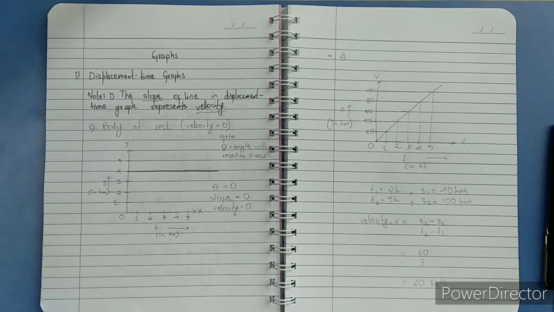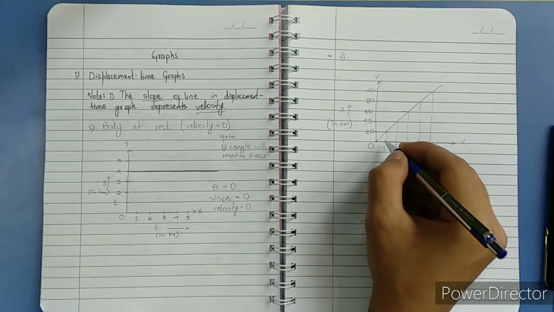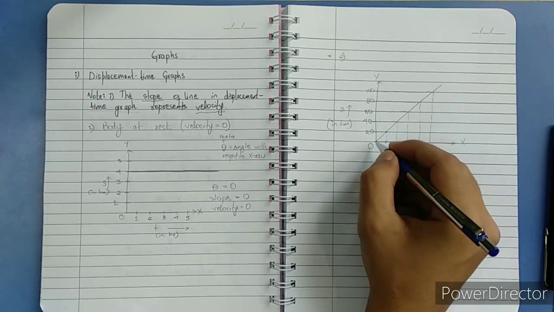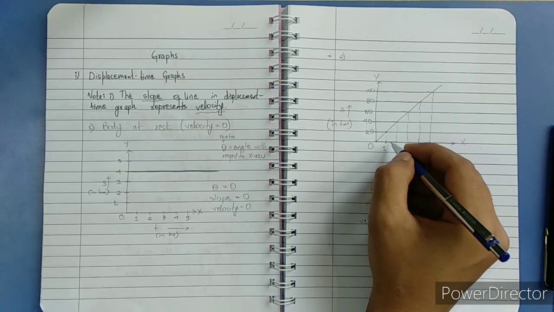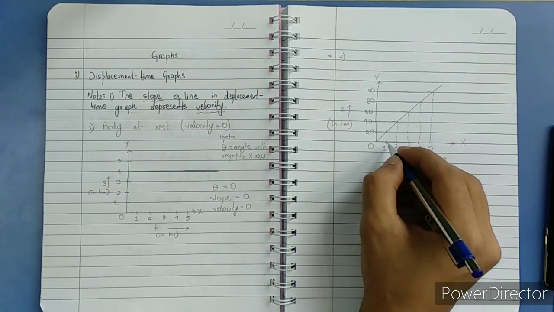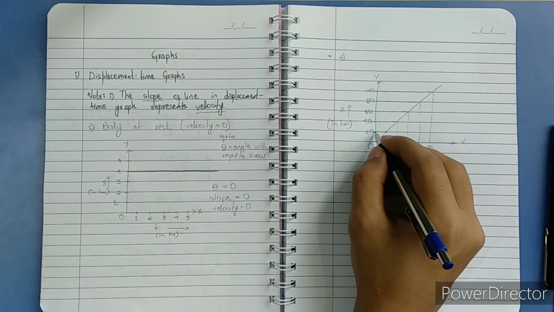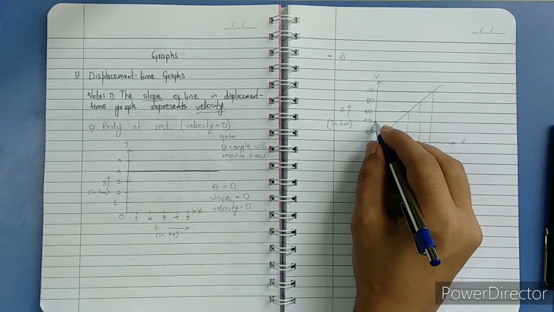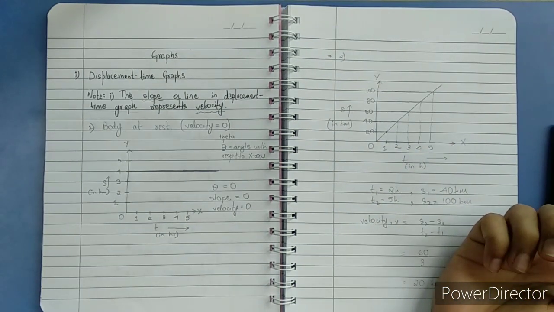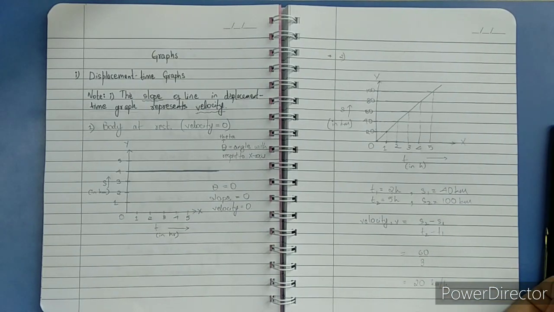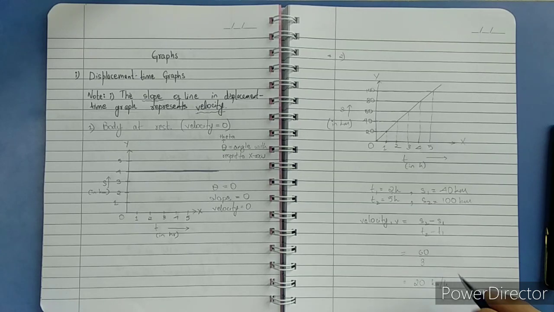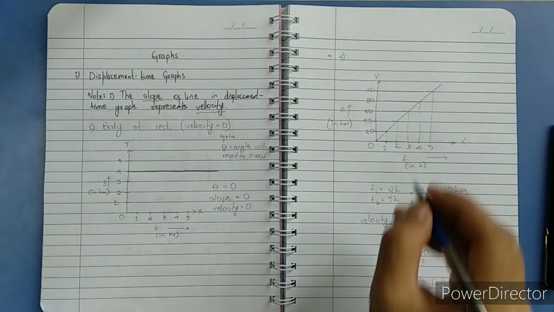As you can see, in 1 hour it covered 20, in 2 hours it covers 40. In the second hour, from 1 hour to 2 hours, it covers 20 to 40, that means 20 kilometers. So every hour it is covering 20 kilometers. Since it covers 20 kilometers every hour, this body is traveling with a uniform speed.